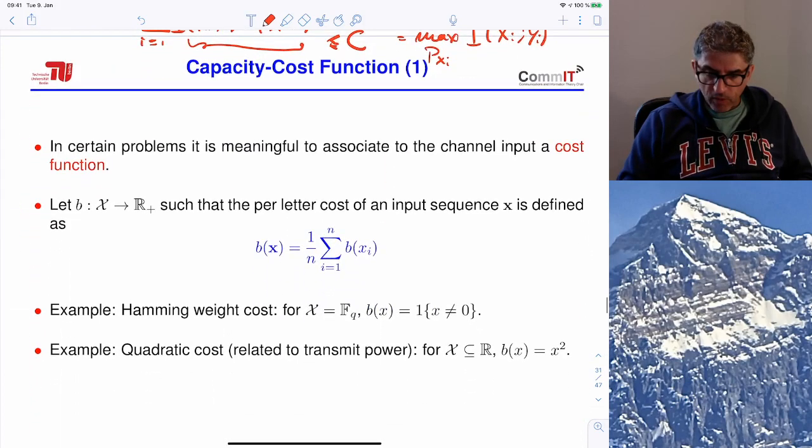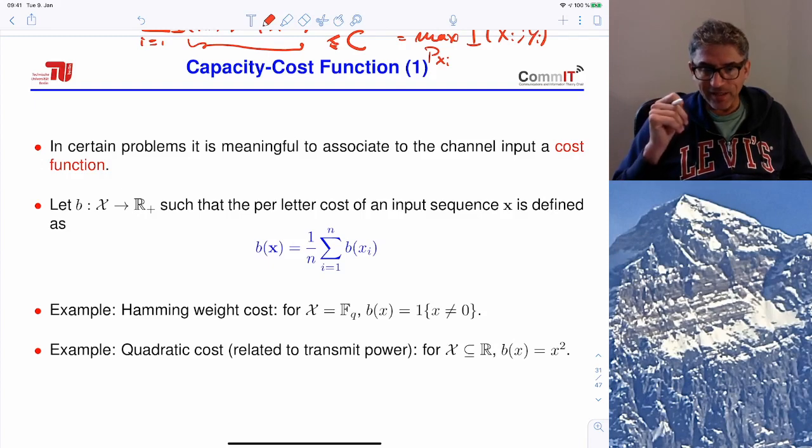Another topic that I want to introduce here is capacity cost functions. So we can slightly complicate the problem of channel coding by introducing a cost in using the channel. For example, power. Maybe every transmitted symbol costs some power, and you are interested also in bounding the transmission power, right?